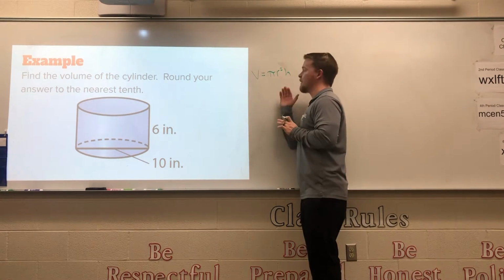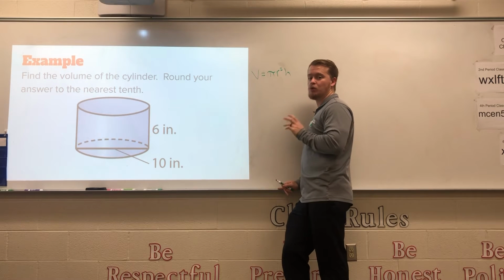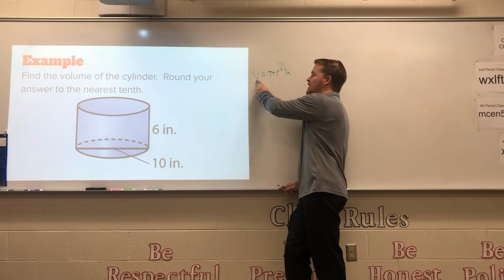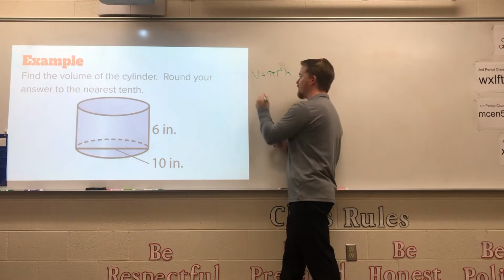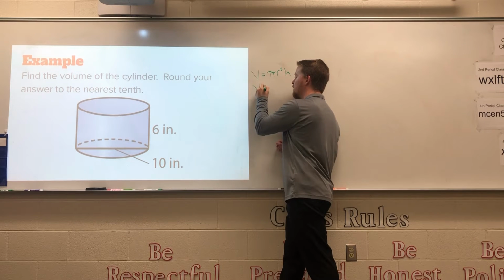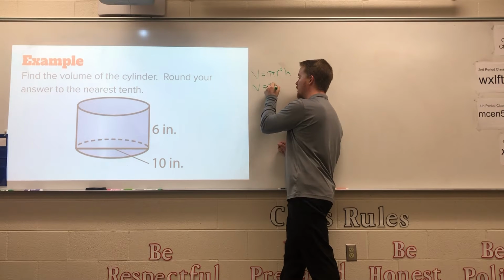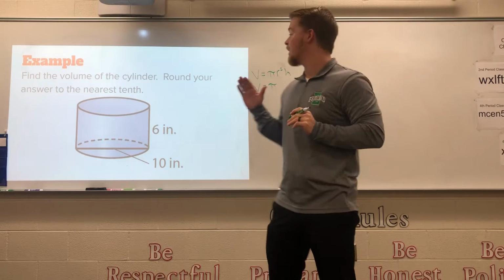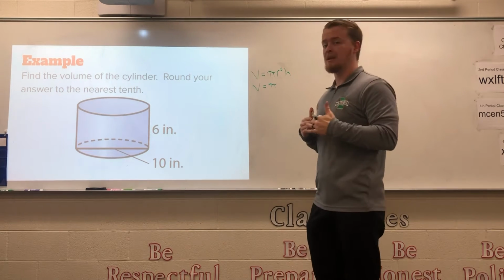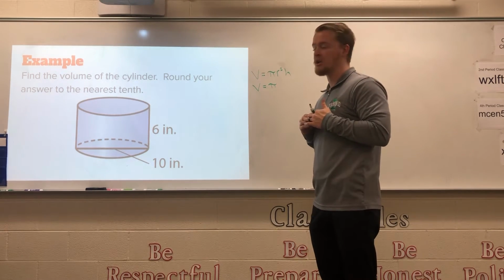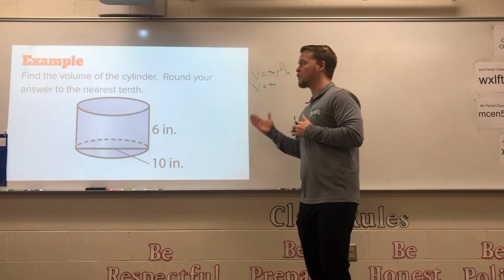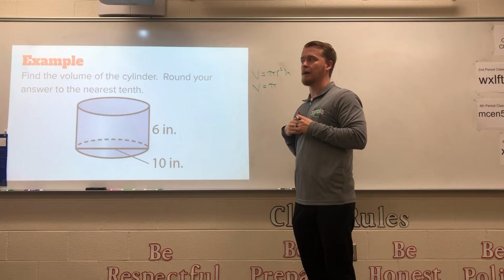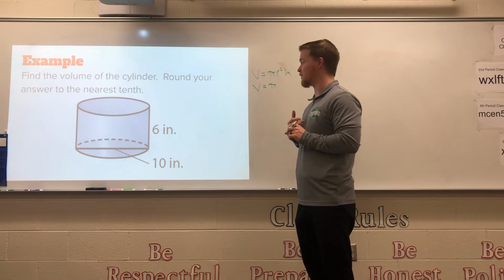Once you have that written, you need to fill in the things you know. V is what we're trying to solve, so we leave it as V. Equals pi, which we know is like 3.14159, whatever. You don't want to round anything, or try not to round much, until you get to your final answer. That's when you'll round to the nearest tenth, so there's not as much error in your answer. And I'll explain what I mean by that.